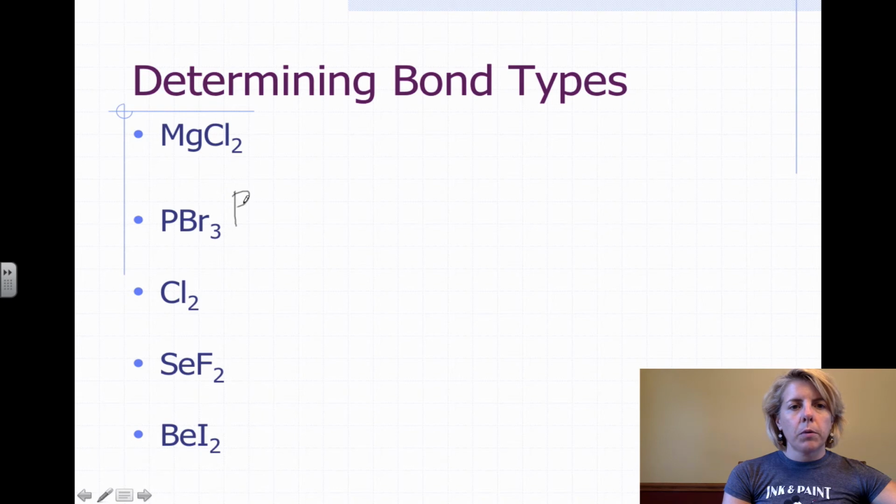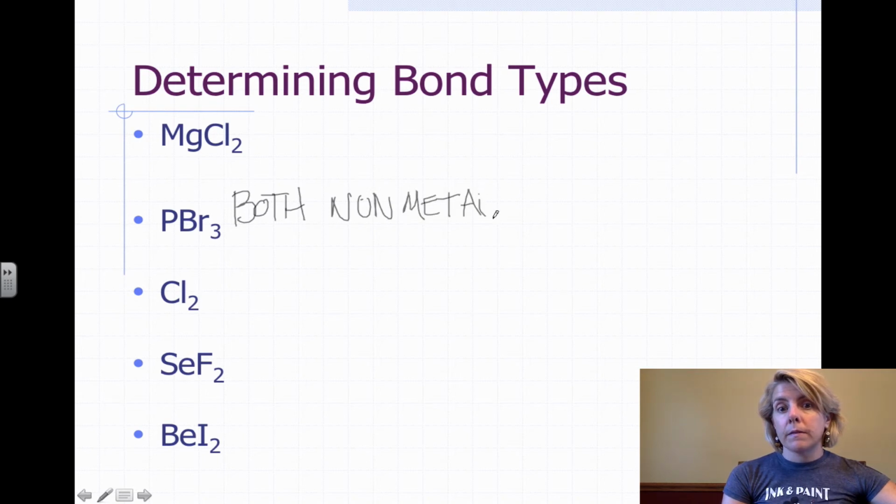Okay, so it's both nonmetals. So it has to be covalent. And the question is, is it polar? I would say yes, it's polar covalent. And it'll make more sense once we do dot diagrams.